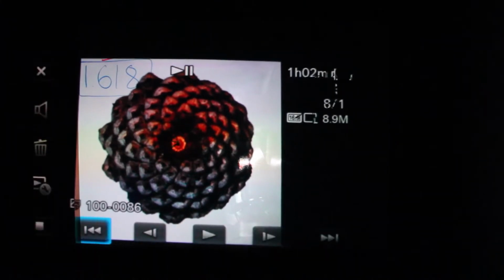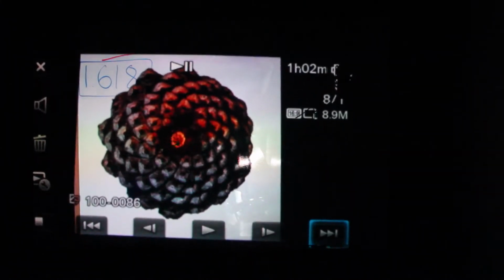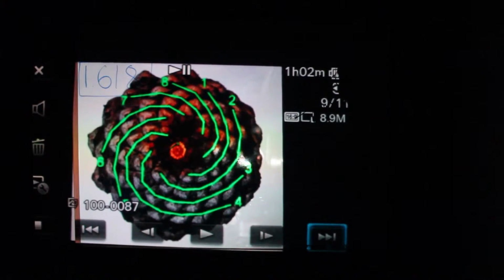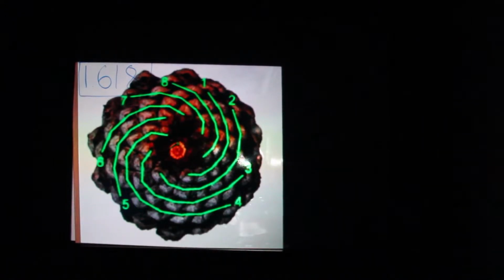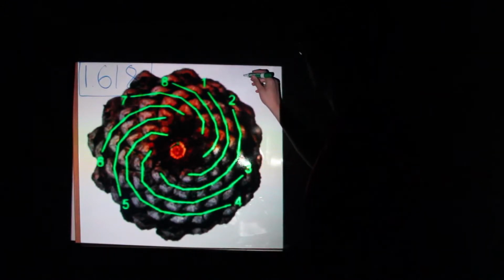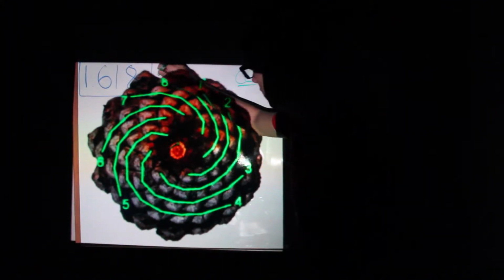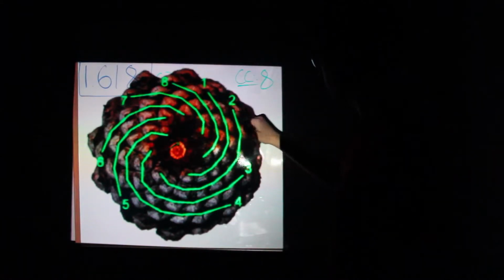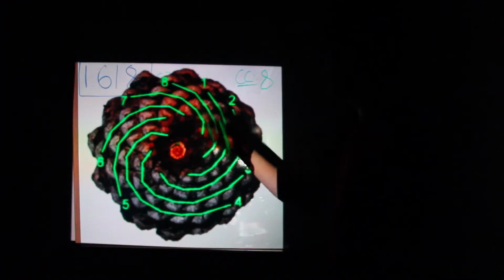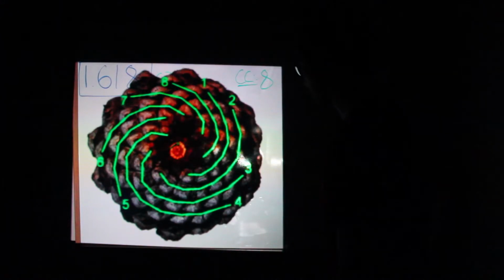And when you actually enumerate them, it turns out some much more visible example. Counterclockwise spirals, there are 8. So let's start from here. 1, 2, 3, 4, 5, 6, 7, 8. There are 8 total counterclockwise spirals.